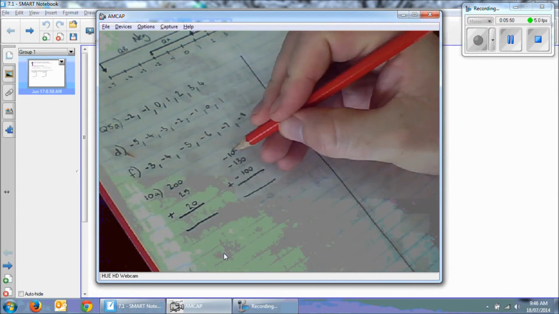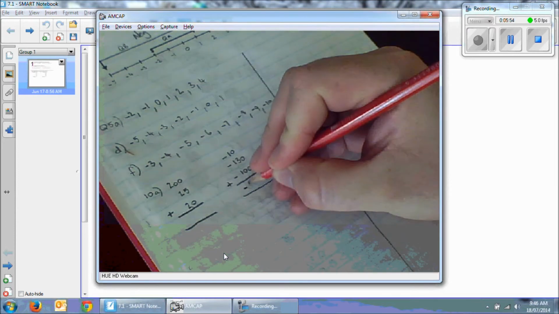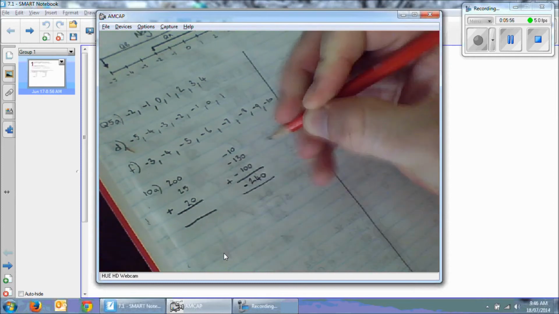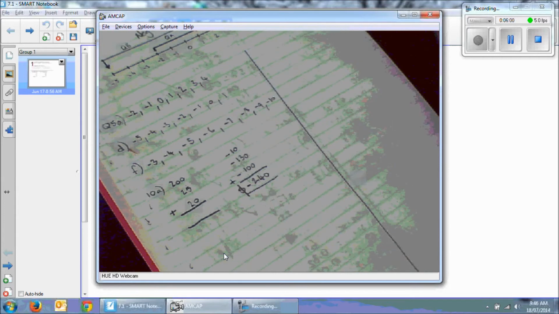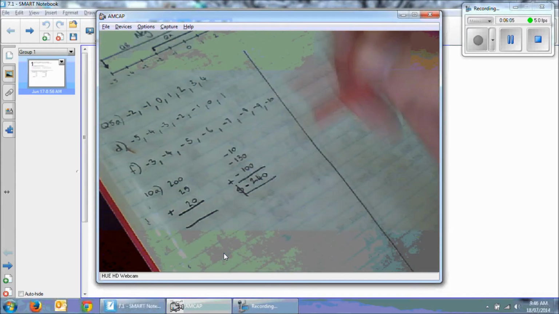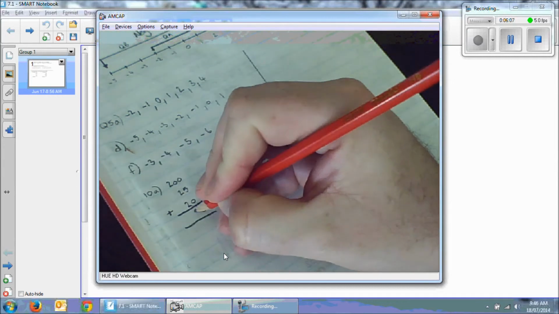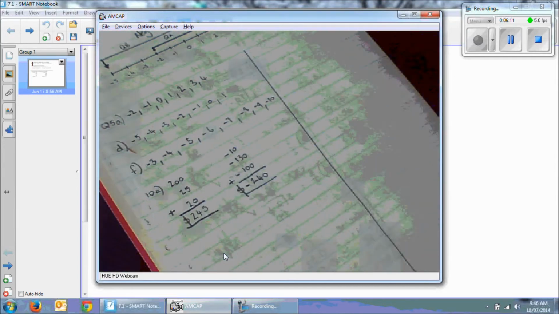So 10 and 130 is 140, so he took out $240 over the course of that month. As far as deposits go, we add that up and we get $245, and that's how much he deposited into his account over the course of a month.